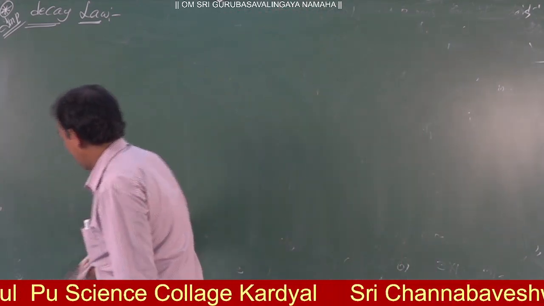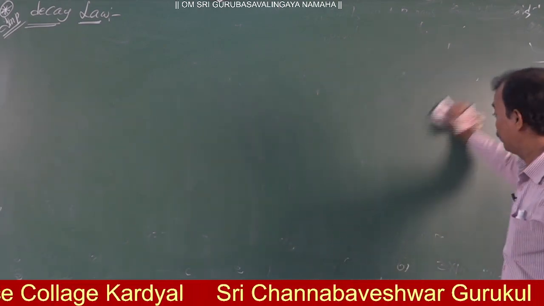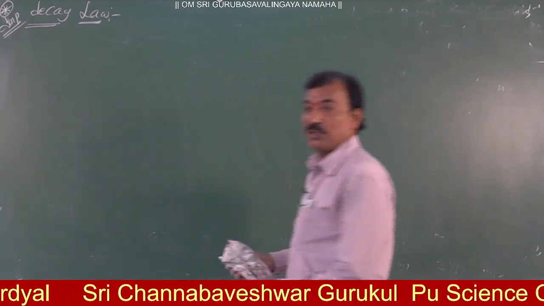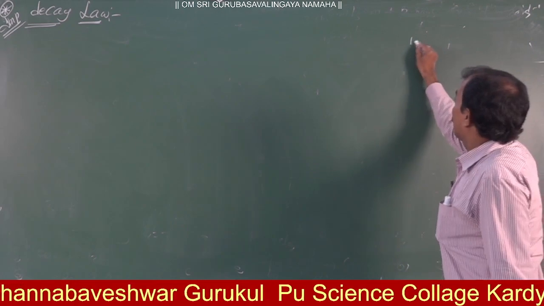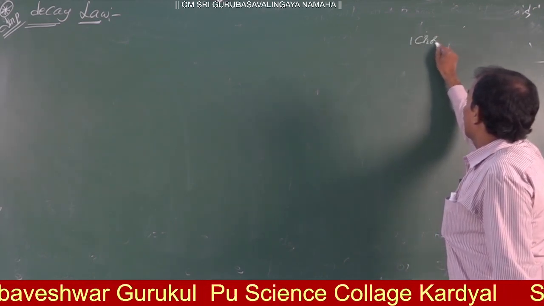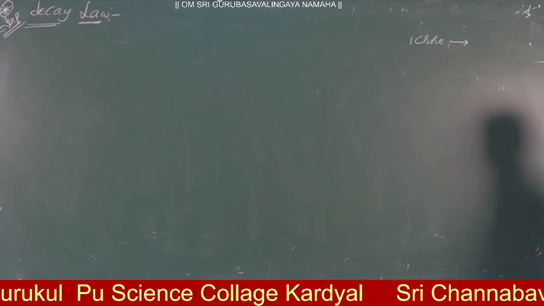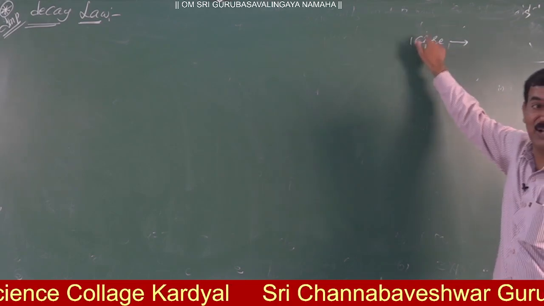First I will explain a general example, and after that I will explain the decay law also. Suppose in a lottery I get 1 crore rupees.